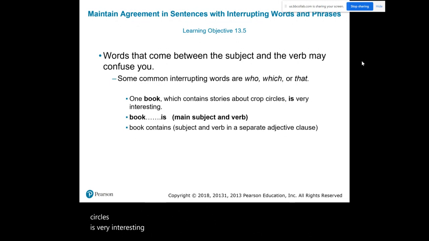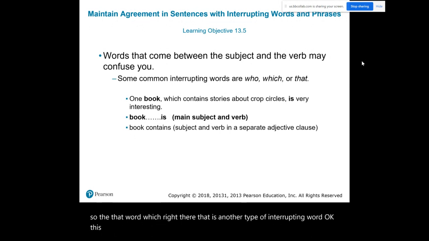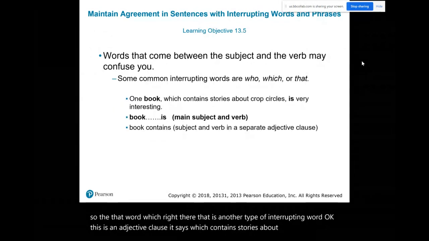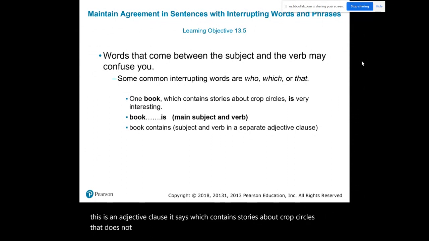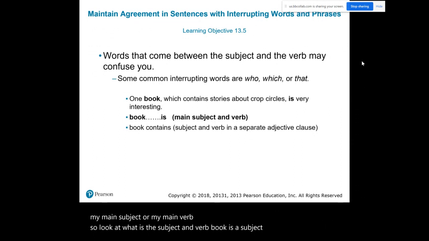So that word which right there is another type of interrupting word. This is an adjective clause. It says, which contains stories about crop circles. That does not have my main subject or my main verb. So look at what is the subject and verb. Book is the subject and is is the verb.